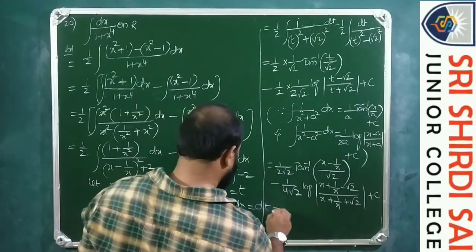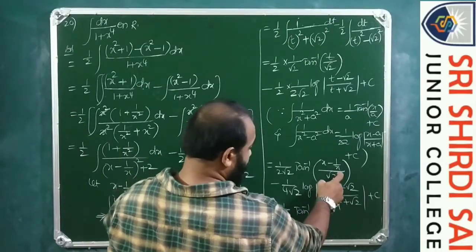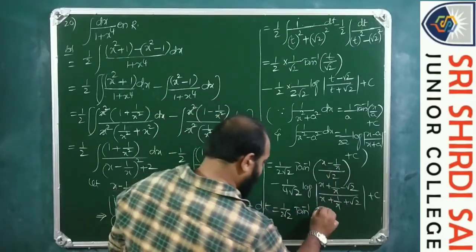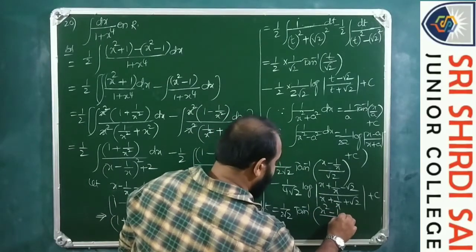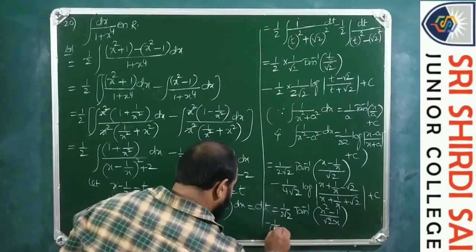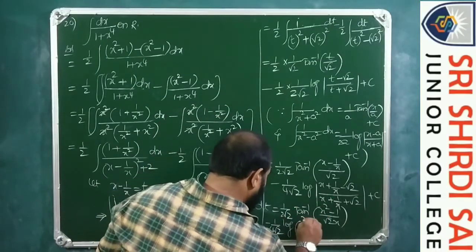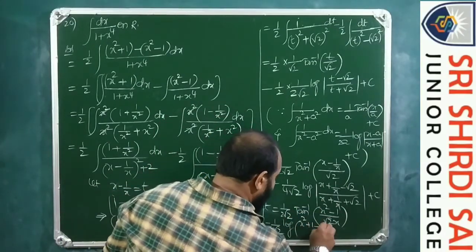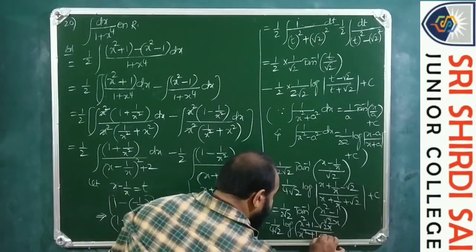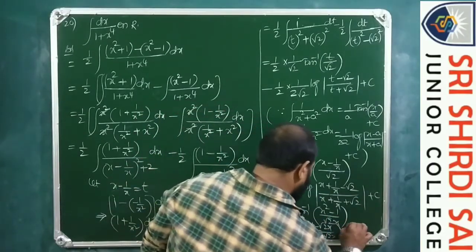So this implies 1 by 2 root 2 tan inverse of, this is LCM is x here, so x square minus 1 by x by root 2. So x square minus 1 by root 2x, minus 1 by 4 root 2 log, this is x square plus 1 minus root 2x by x square plus 1 plus root 2x, x gets cancelled, plus constant of integration c.